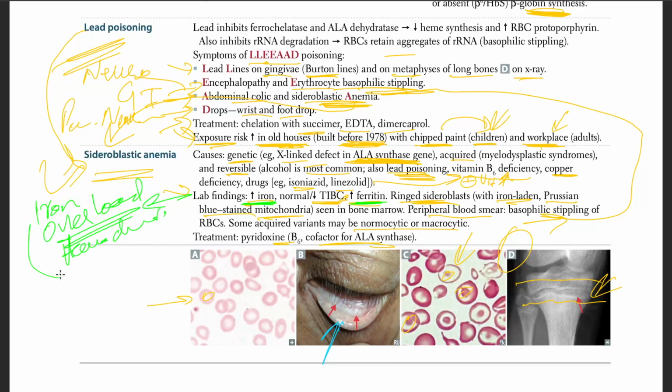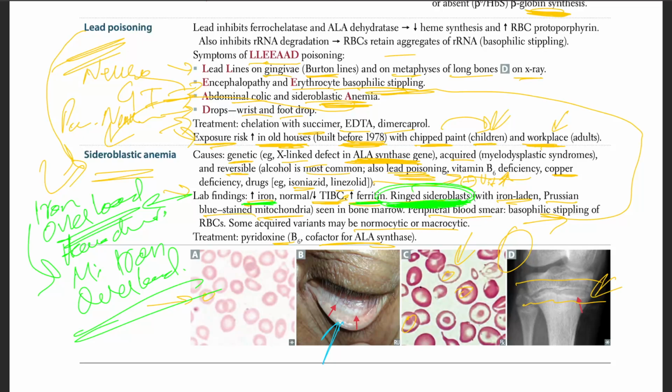And this will be the only microcytic anemia in which you have iron overload. So the differentiating feature between lead poisoning and this is the ringed sideroblasts and also these lab findings, and for sure the causes.